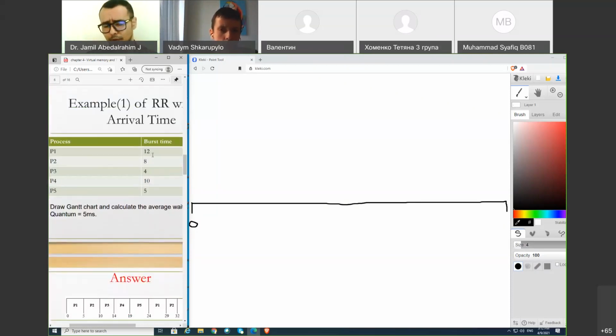So we will execute 5 milliseconds, then go to the next process. Also, we will execute 5 milliseconds, and then go to the next until we reach P5. After that, we will make a round back to P1. That's why we call it round robin, until we execute all the given burst time, or amount of work, in the table.